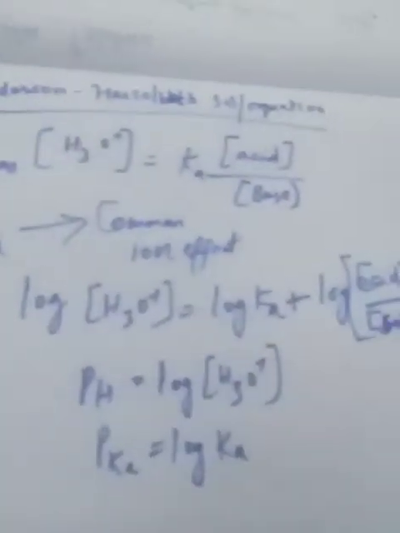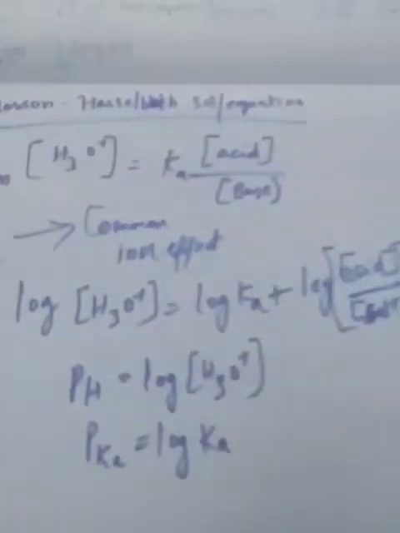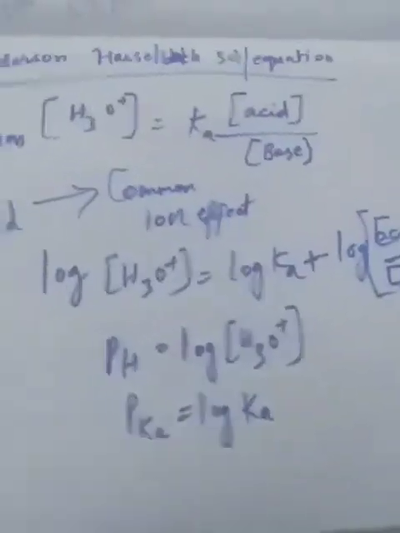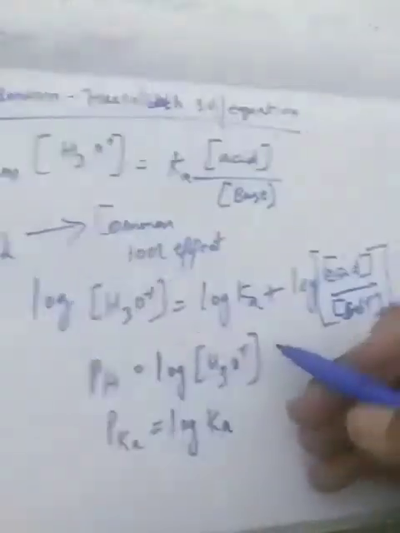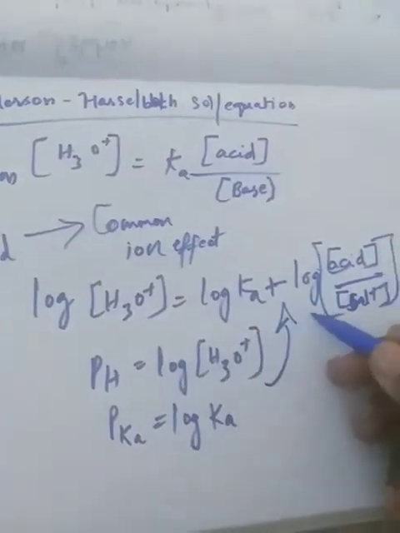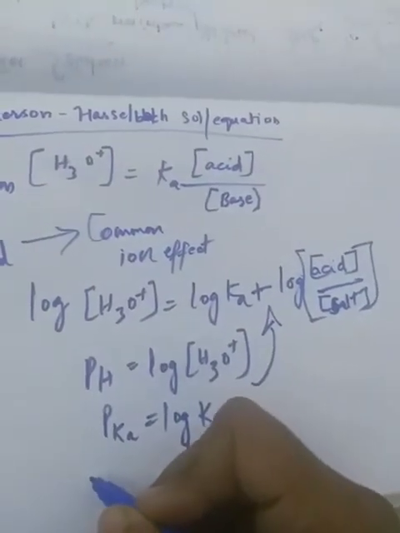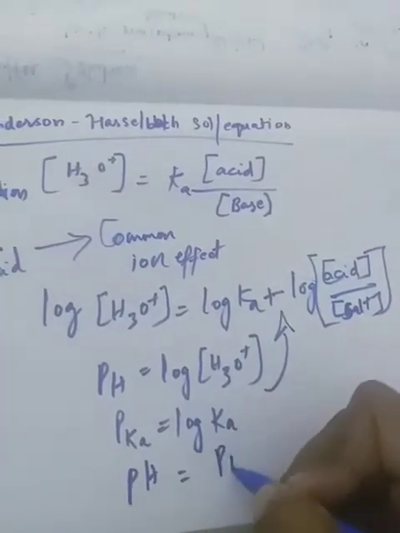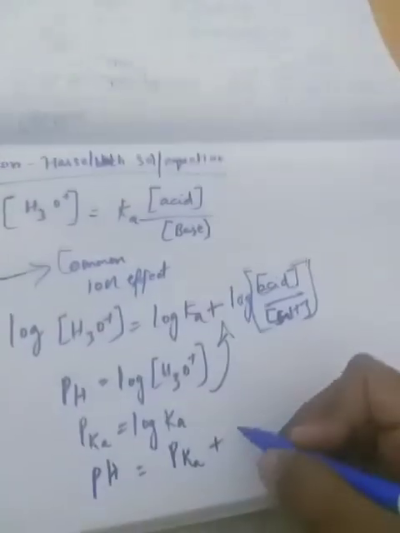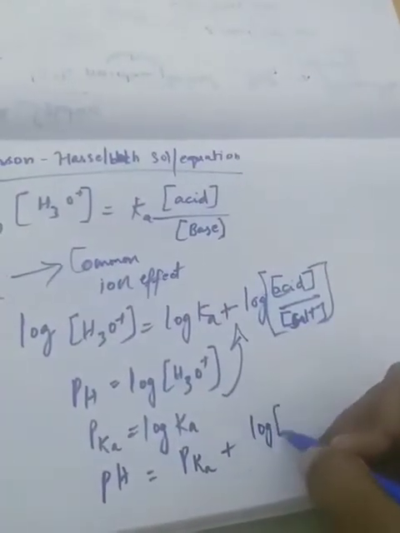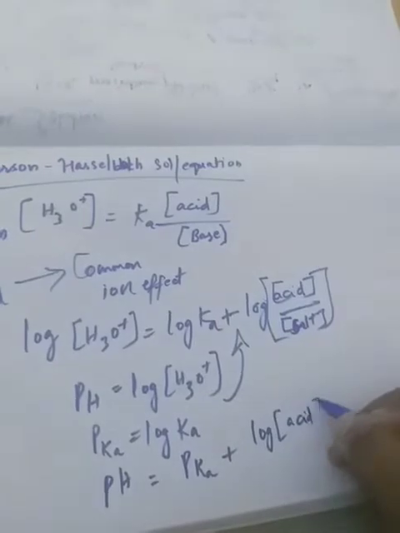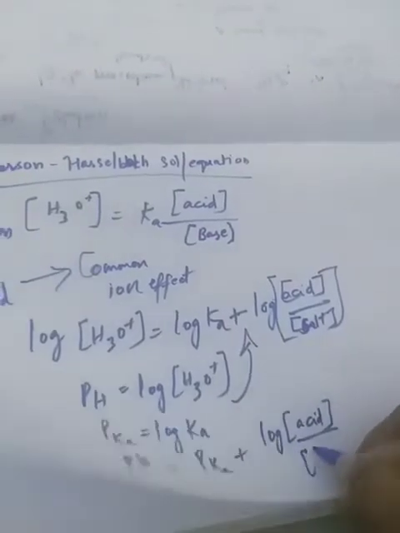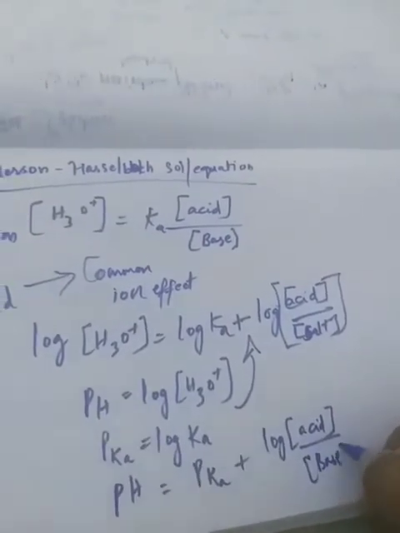We know this equation. We have derived it in a previous acid and base derivation. So we have to change this equation. If we further change it, it will become pH equal to pKa plus log of acid by base.